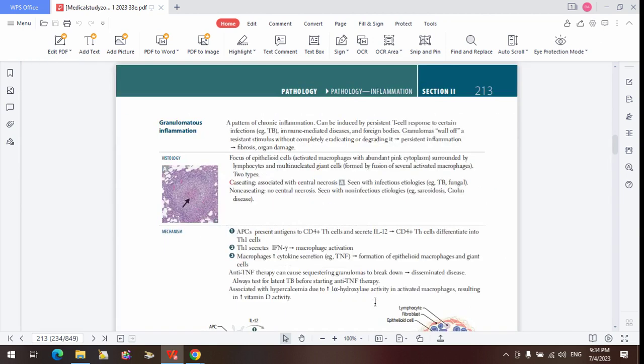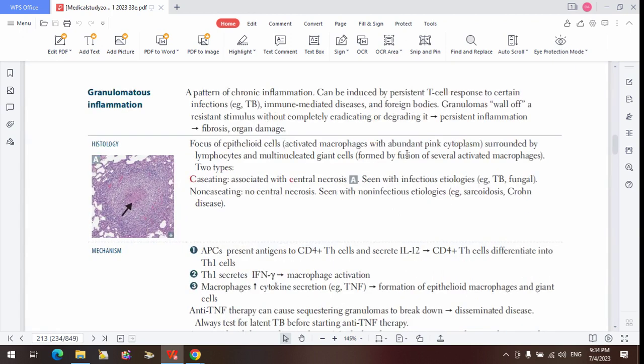So let's look at the complex. We have a focus of epithelioid cells. Epithelioid cells are activated macrophages. Once those macrophages are activated, they become enlarged and assume the shape of epithelial cells, so that's why we call them that. They'll be surrounded by T lymphocytes, particularly the CD4 cells, not even the CD8 cells, alongside multinucleated giant cells.